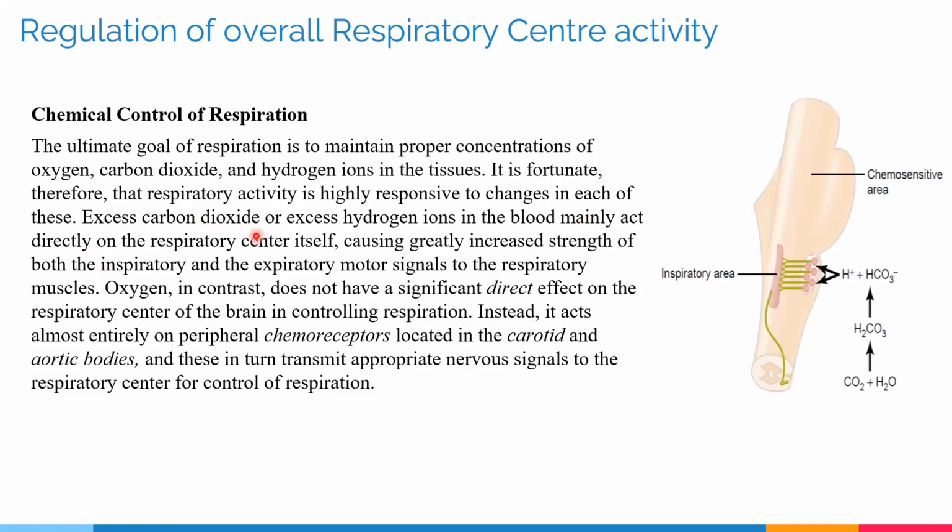Excess carbon dioxide or excess hydrogen ions in the blood mainly act directly on the respiratory center itself, causing greatly increased strength of both inspiratory and expiratory motor signals to the respiratory muscles. Thus, an increase in carbon dioxide or hydrogen ions affects the respiratory center directly, which increases the rate of expiration and inspiration. Thus, the overall rate of respiration or breathing is increased.